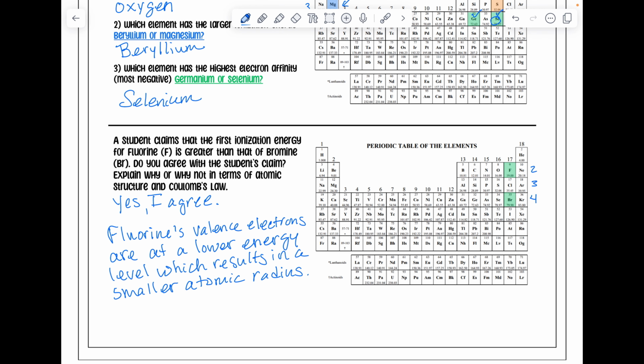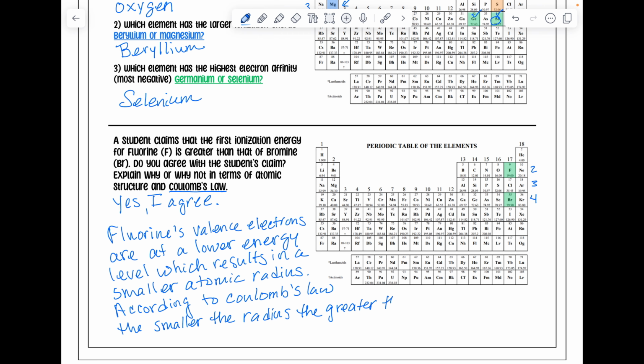And then it says, in terms of Coulomb's law, so I'm going to reference Coulomb's law and say, according to Coulomb's law, the smaller the radius, the greater the attractive force, which results in a higher ionization energy.